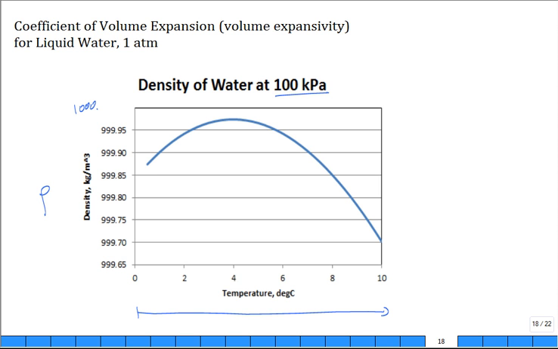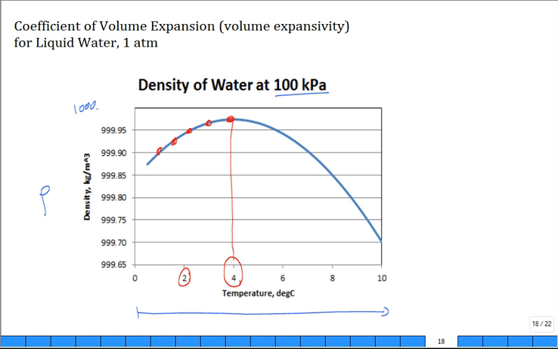But you can see that it reaches a maximum at around what temperature? 4 degrees C. And so what happens if you cool liquid water below 4 degrees C? Let's say you cool it to 2 degrees C. Does it expand or contract, liquid water? Yeah, it expands. It's the most dense at 4 degrees C. It's the highest density at 4 degrees C.